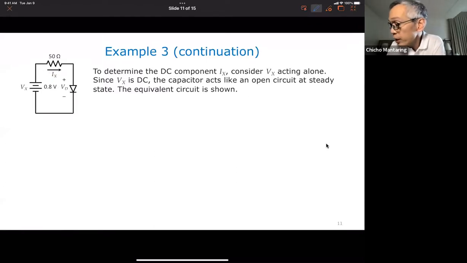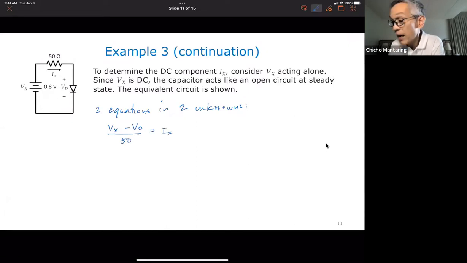So, for example, I have two equations in two unknowns. So the first is V of X minus V of D over 50 is equal to I sub X, right?